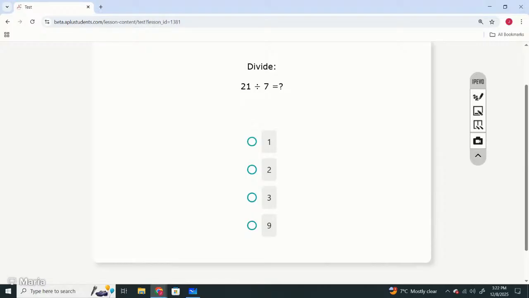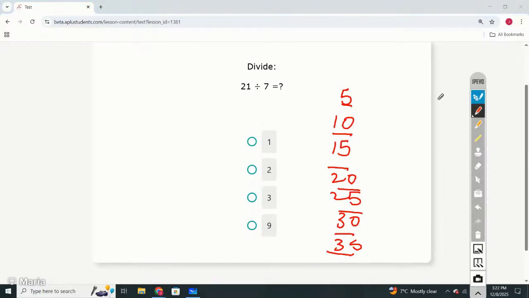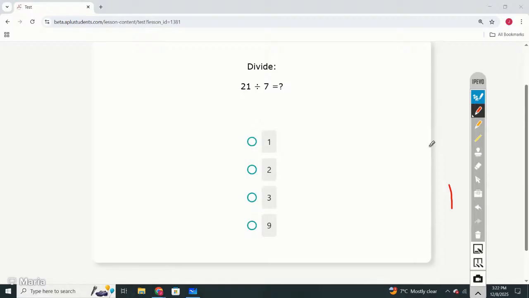Okay, the next one is 21 divided by 7. We need to skip count by 7 until 21, right? If you want to skip count, you need to be very good with addition also. So basically, you guys need to learn how to add quickly, how to multiply, right? 7, 14, and 21.